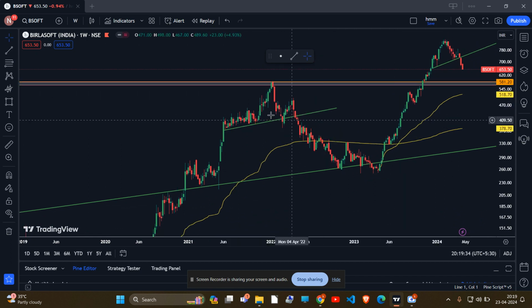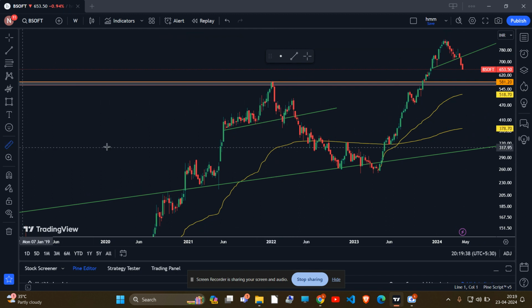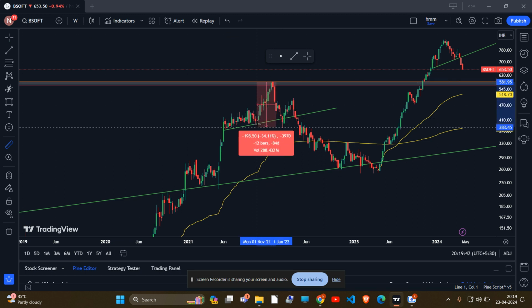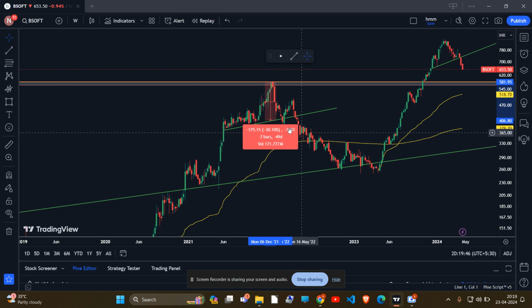Because there was a fake rejection over here, but later on, if you look at it properly, the stock got rejected well from here after breaking down properly from this head and shoulders pattern. So we can estimate that the stock could have fallen around 175 rupees after breaking this neckline over here.